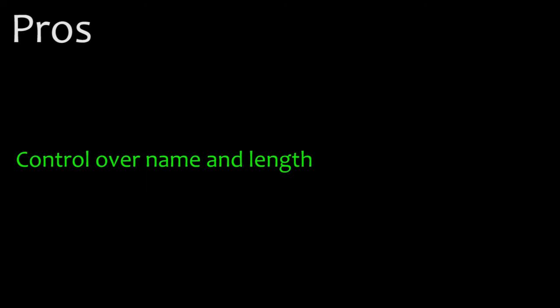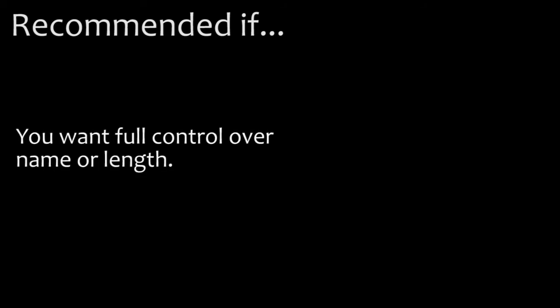All you really have to do is type in the console, record and a name, and then when you type stop, you will stop recording, and this will formulate a demo. The con to this is that it's a hassle to type out record, think of a name, type out the name, and then press stop when you want to stop. I recommend this if you want full control over both the name and the length, or you are worried about the drive space for the demo.